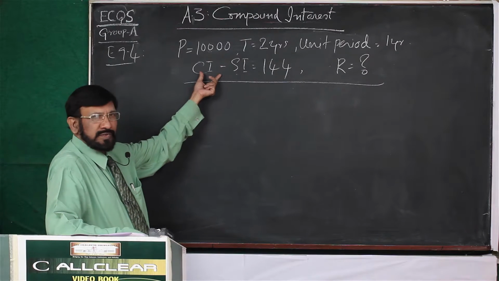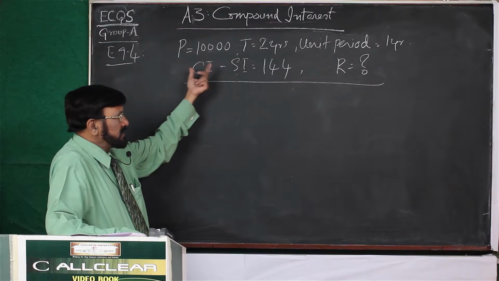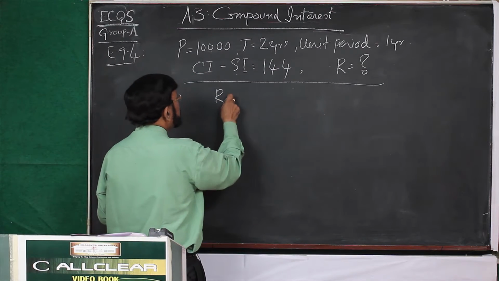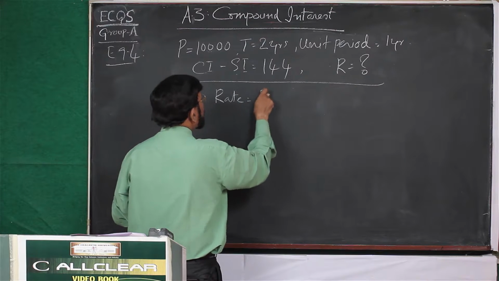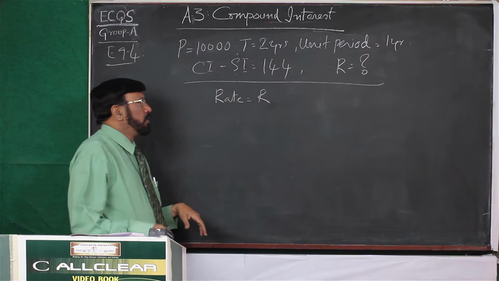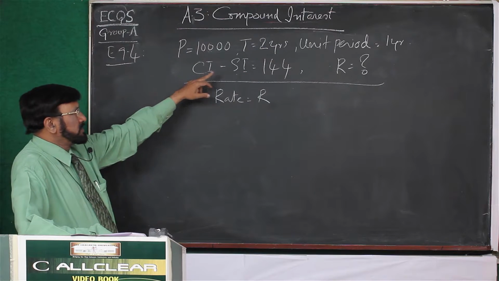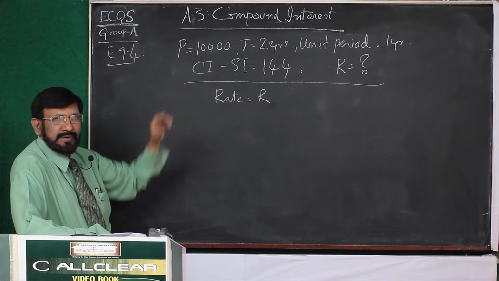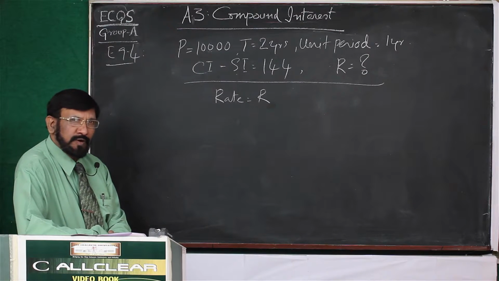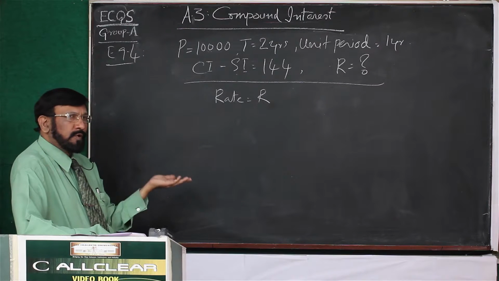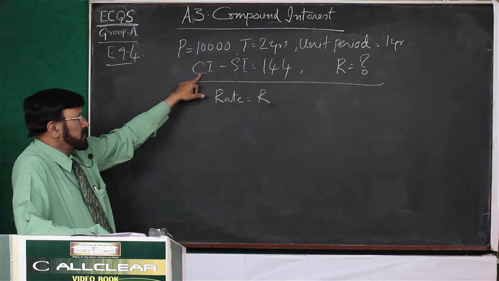Now this clue is given. Let us assume the rate is R percent per annum. For compound interest we don't have a direct formula, so we use the formula for amount minus P, and you can get compound interest.